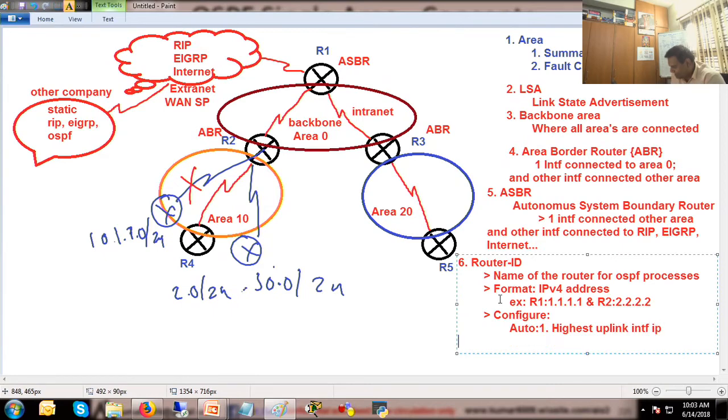Second stage, the highest loopback interface IP. Third, manually we can do it, using the router ID command. You can use this command and change to whatever IP address or name you want.